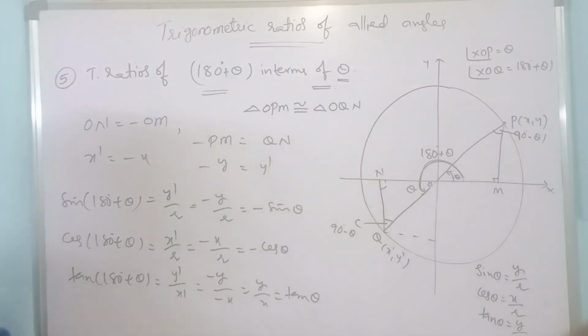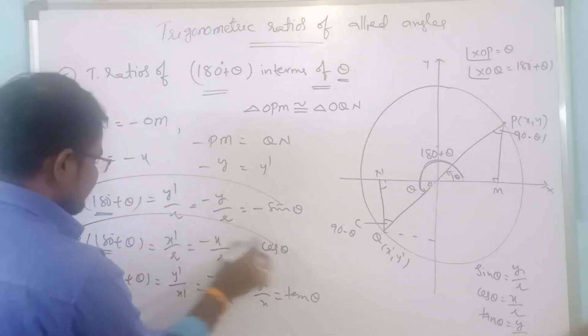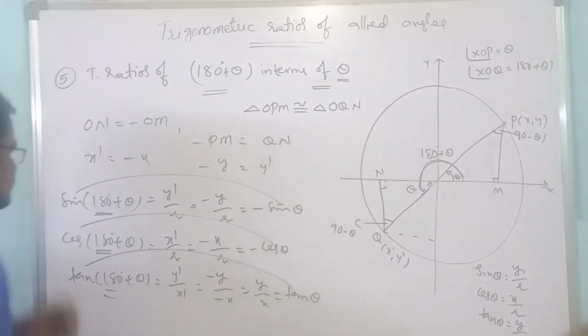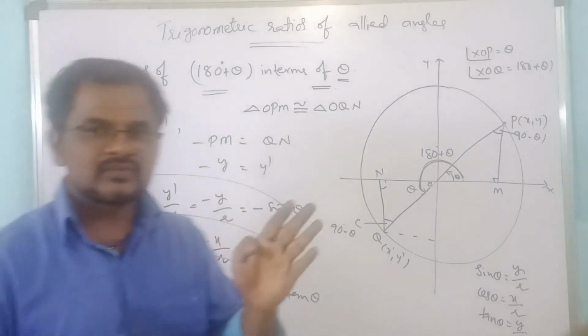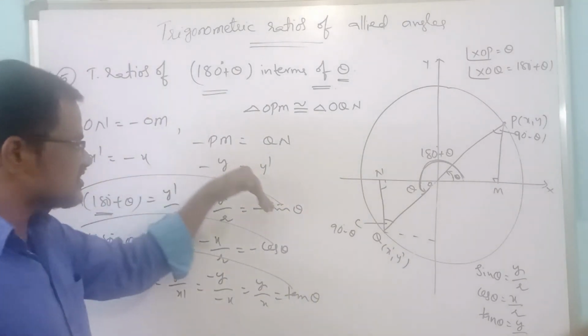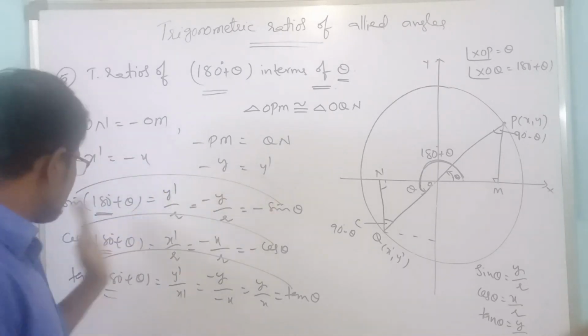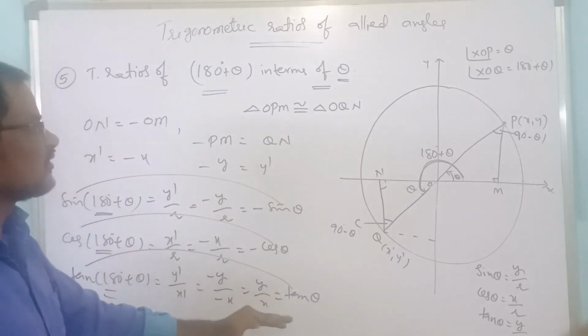But what we have to observe here is that whenever 180 is there, the function does not change. For the previous one, 90 was there and the function changed to another function. With 180, the function does not change to another function: sine is sine only, cos only, tan only.